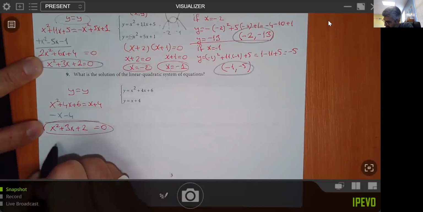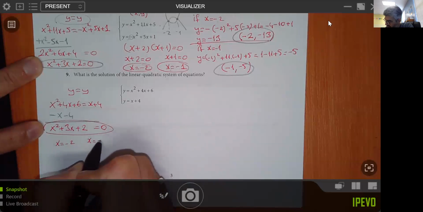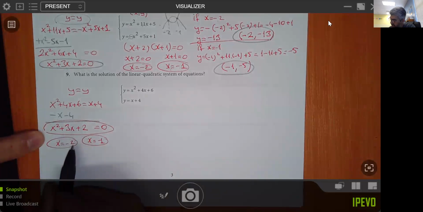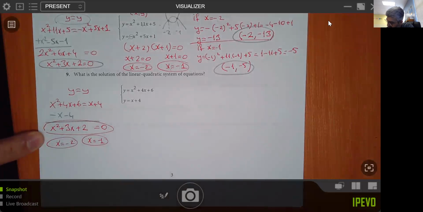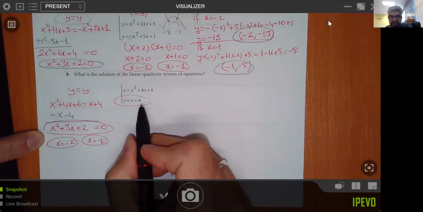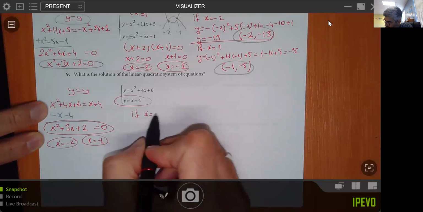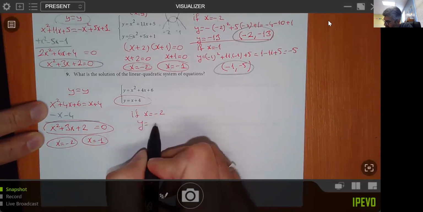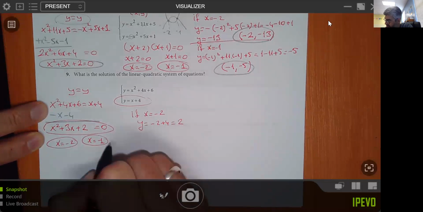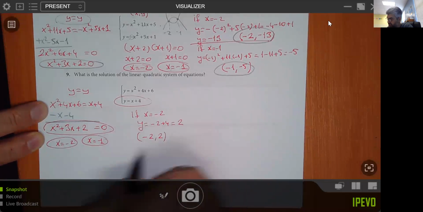So from here, I write directly, x is negative 2, x is negative 1, okay? These are the zeros of the function. And now I have to plug them in. Yeah, I will select this one. It's linear, it's easier. If x is negative 2, y is negative 2 plus 4, which is equal to 2. So the first point is negative 2, 2.